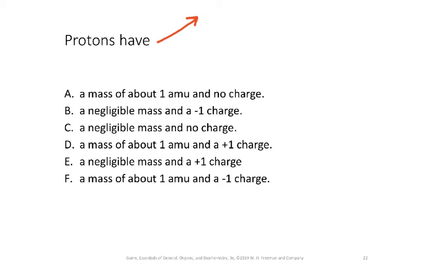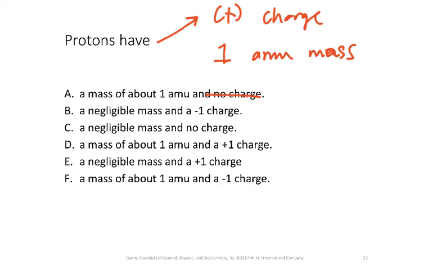And we know that protons have a positive charge and a mass of 1 AMU. So it's really a matter of finding that answer. So that says no charge, that says negative charge, that says no charge, that says negative charge. So we've just eliminated 4 possibilities.